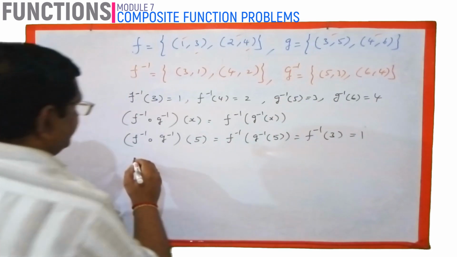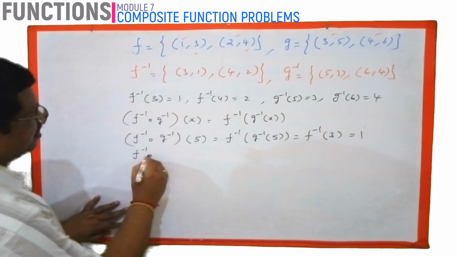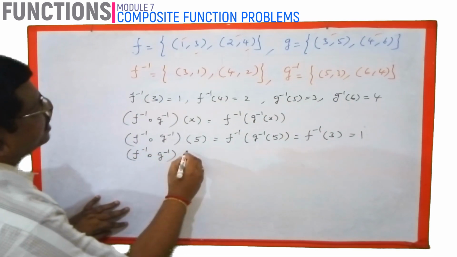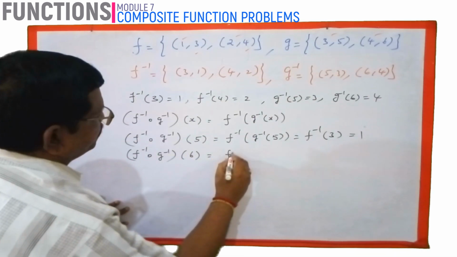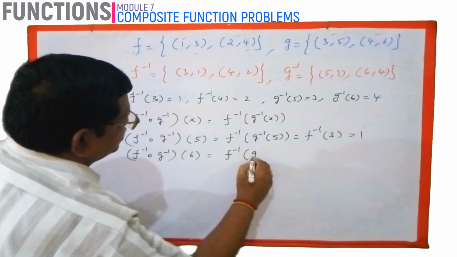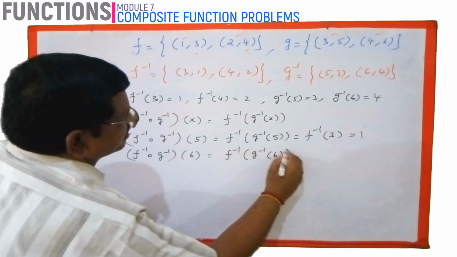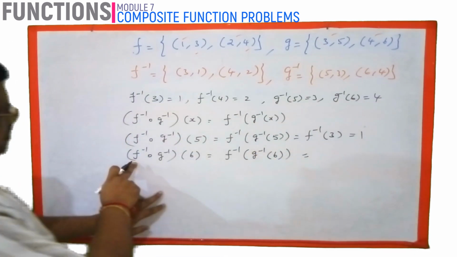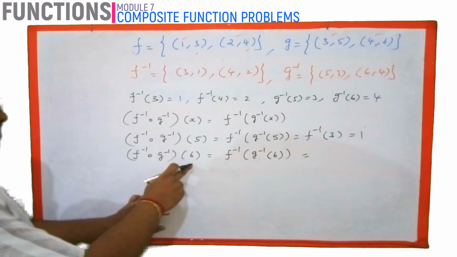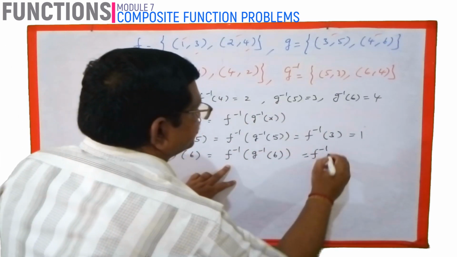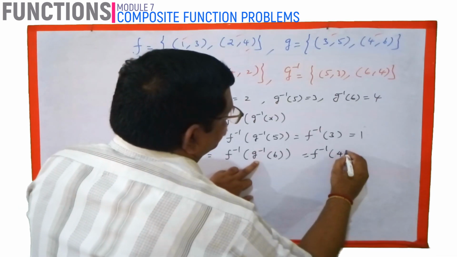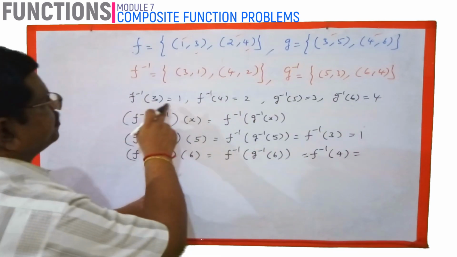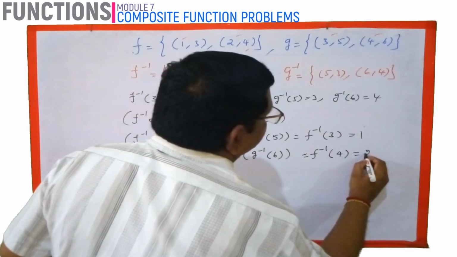Next, f inverse composite g inverse of another element, 6. So we get f inverse of g inverse of 6. What is g inverse of 6? That is nothing but 4. So what is f inverse of 4? That is already got, that is 2.